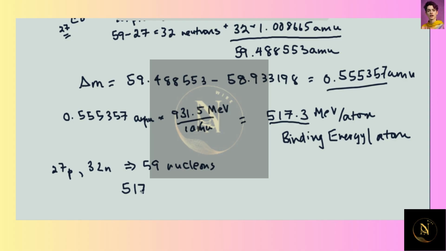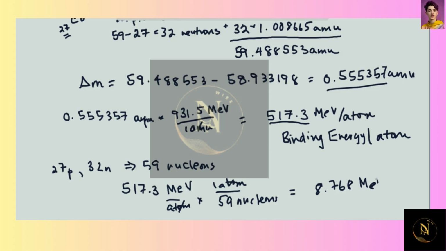So 517.3 mega electron volts per atom times 1 atom per 59 nucleons. Or we divide 517.3 by 59. 8.768 mega electron volts per nucleon.